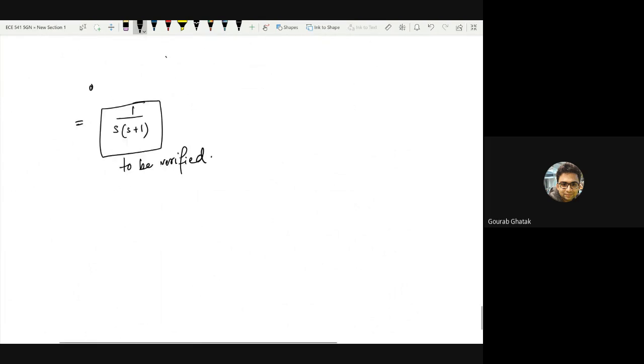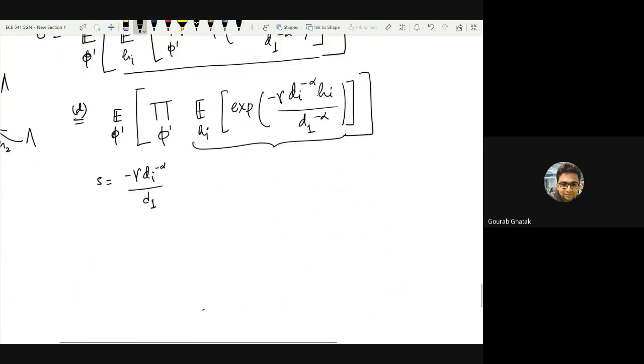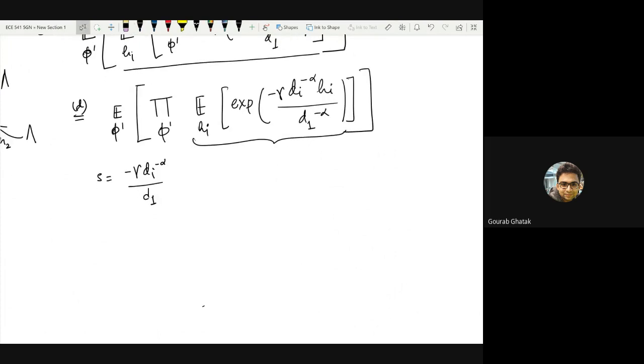Did we evaluate e to the power expectation of minus sx, or did we do expectation of sx? Does anyone remember what we did? Minus sx, sir. So minus this s is okay. So this is s, right? So we have an expectation with respect to phi dash. This is step E. Step E follows from the Laplace transformation, or LT, of HIs. This is a product over phi dash, of a function.